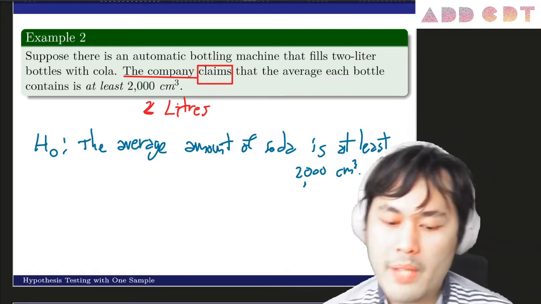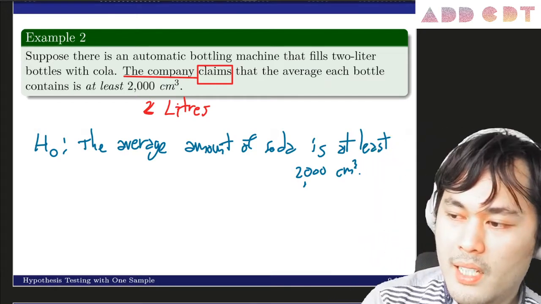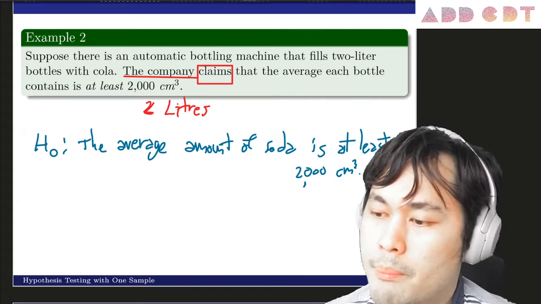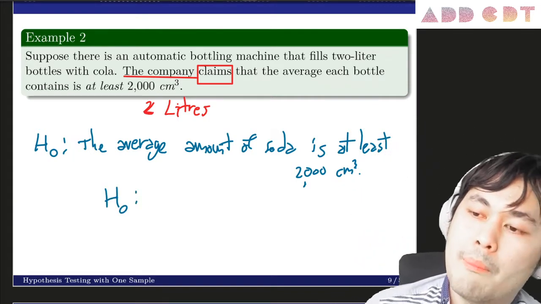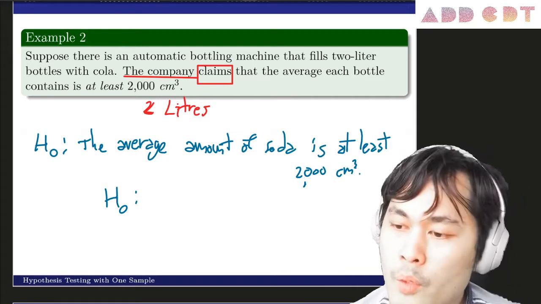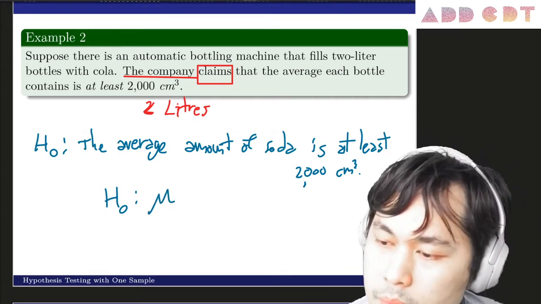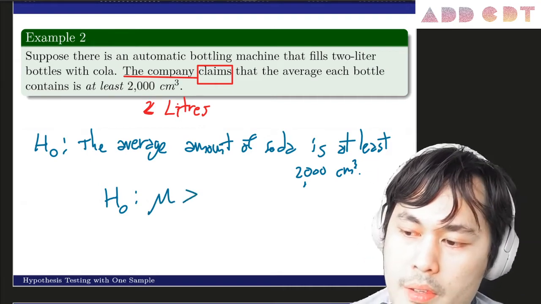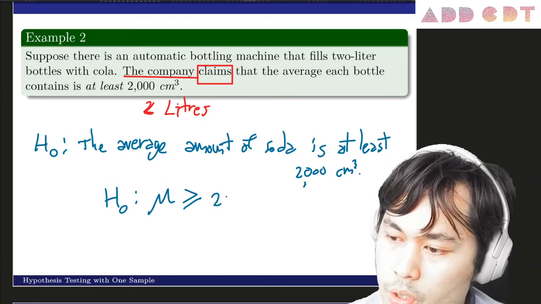Okay, so it can be either true or false. Maybe it's actually at least, maybe it's less than that. We don't know yet. But that is a statement. If you want to convert that into more mathematical terms, we write it as H0 and then colon. Right? And then we say that mu, or the average, is at least, greater than or equal to 2,000.